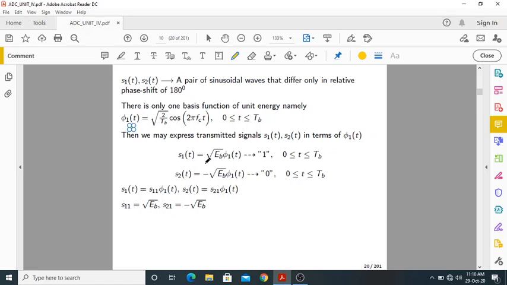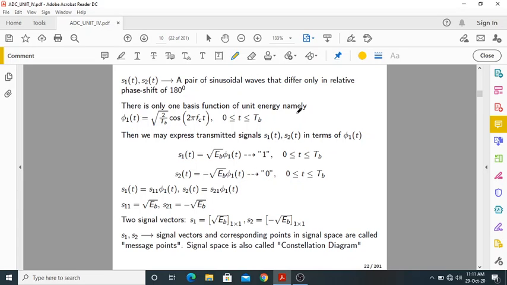For 1, we transmit S1 of t, that is root EB into phi 1 of t. For 0, we transmit S2 of t, that is minus S1 of t, or minus root EB phi 1 of t. Since these two are not independent, only one is independent and the other is dependent, so we need only one basis function.